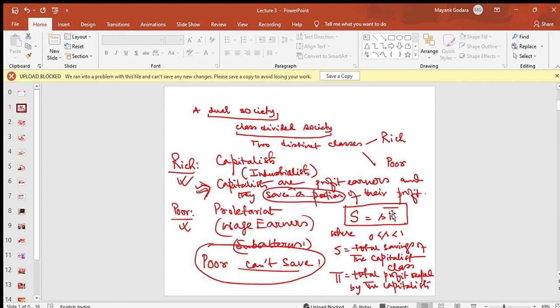Let's take this pi, the total profit reaped by the capitalists, and S is any fraction from 0 to 1. So this is the total saving of the capitalist, because the poor can't save, they are the wage earners.